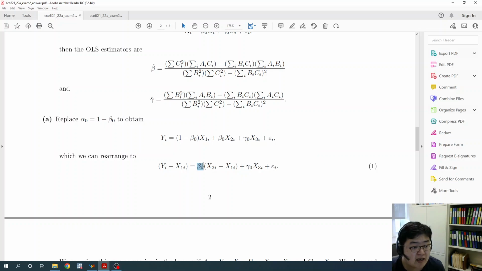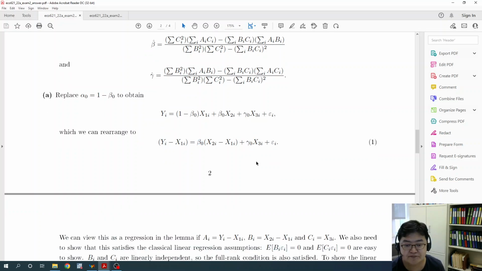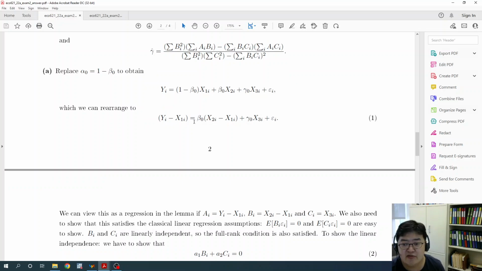But beta is the coefficient of a new regressor, x2 minus x1. And gamma is the same. So then you may interpret this equation as a regression of this on x2 minus x1 and x3.